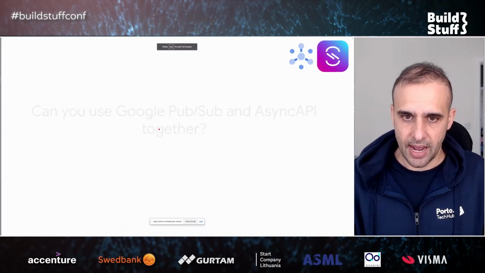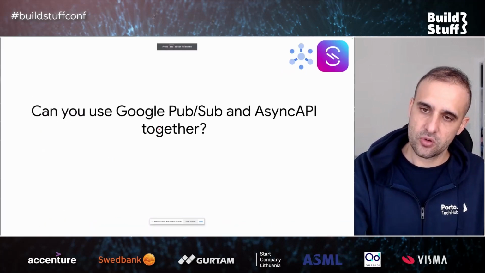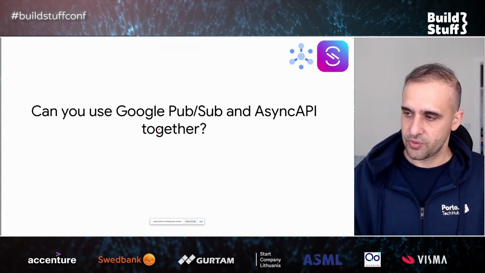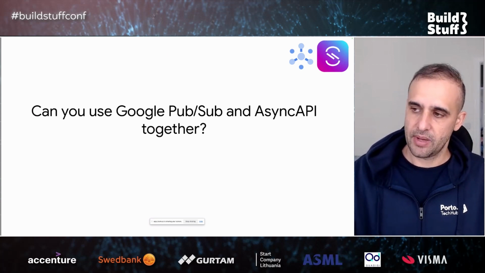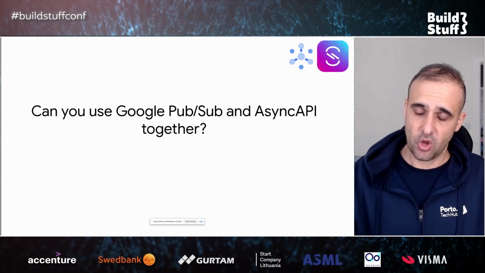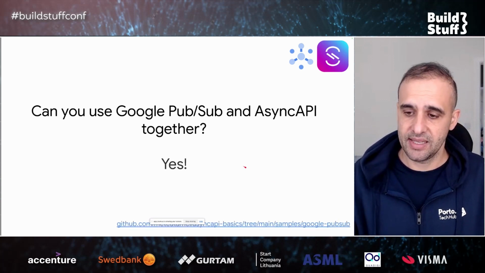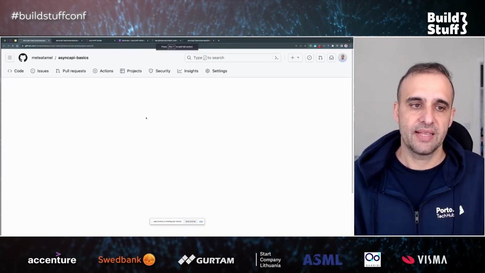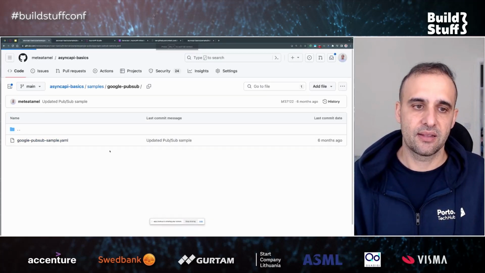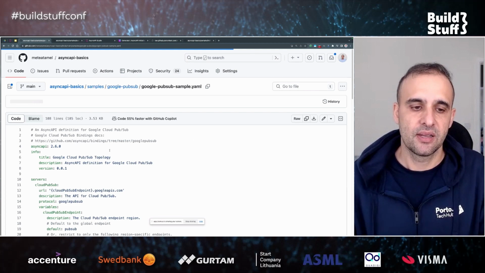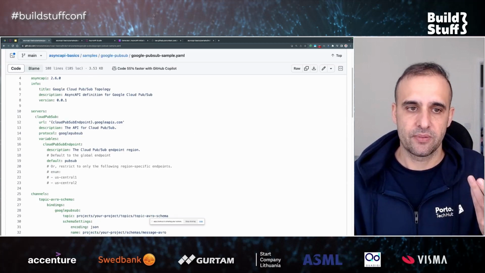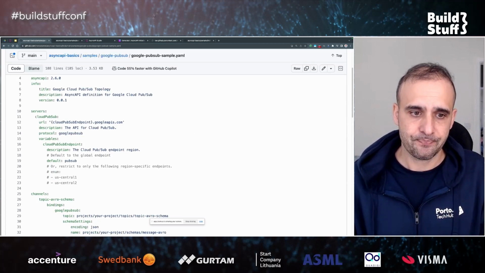And lastly, I use Google Cloud PubSub, but AsyncAPI is open source. Can I use that to document my Google Cloud PubSub topics? And the answer is again, yes. This is possible because AsyncAPI has the notion of bindings. Google Cloud PubSub has special bindings for AsyncAPI.